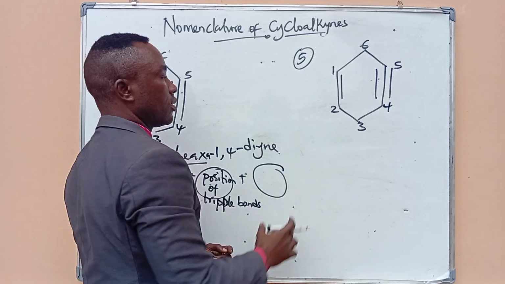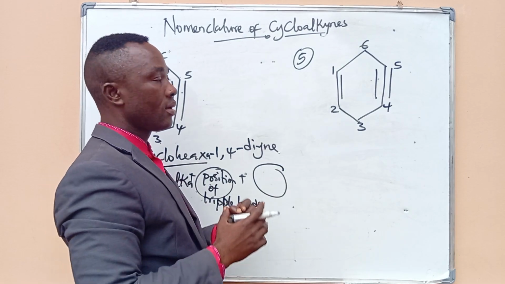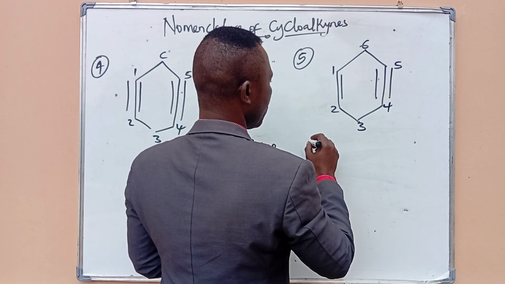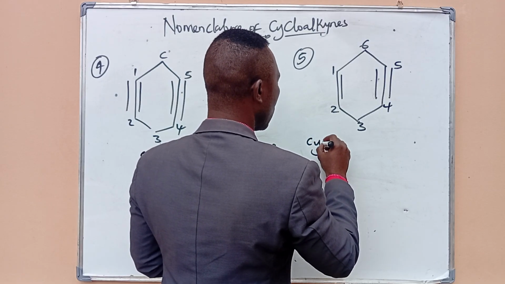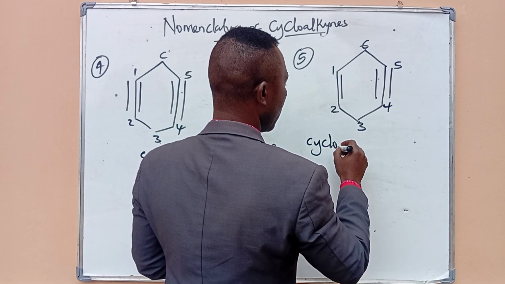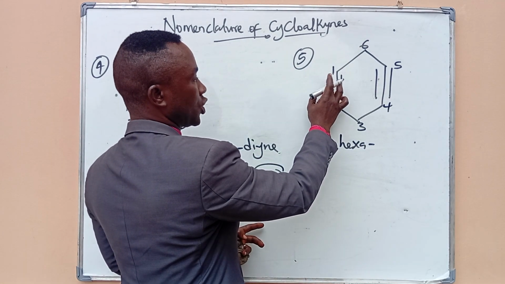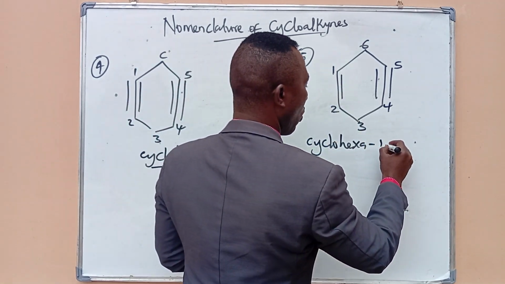The double bond is given the least number possible. So the name becomes cyclohexa. Then we put the position of the double bond, that is 1.